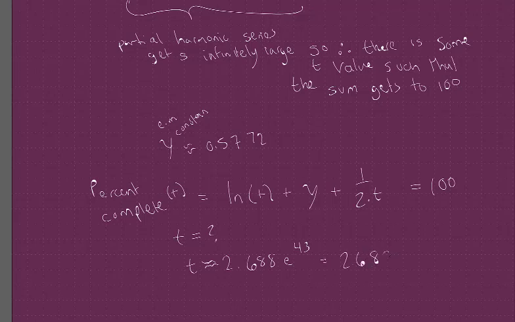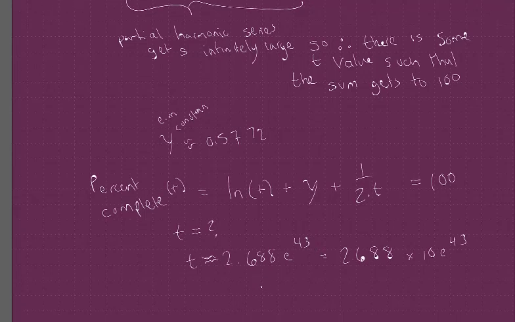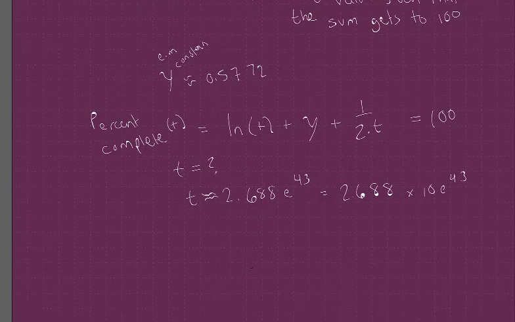So there's 43 digits on this number, approximately. To just give you an idea, that is approximately 4.027 times 10 to the 11th years.